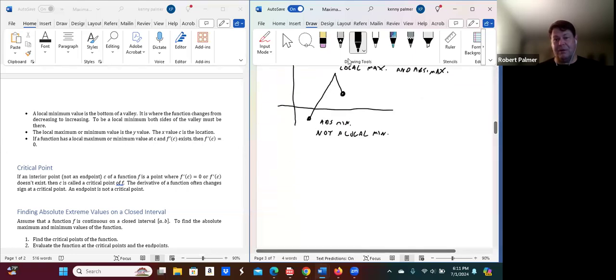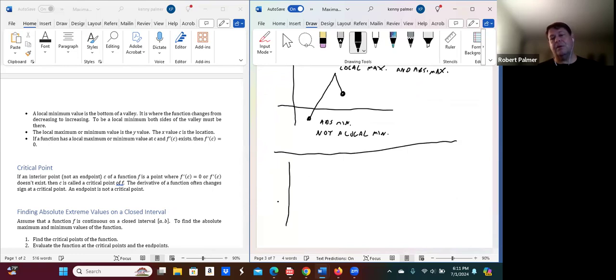Let's go down here. Let's draw another basic graph. In fact, I don't really need this so much. Let's just do it this way. So the graph like this. Okay.